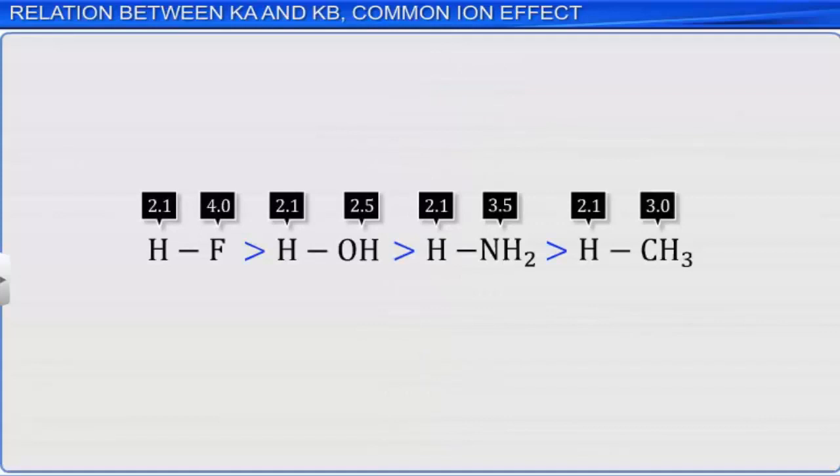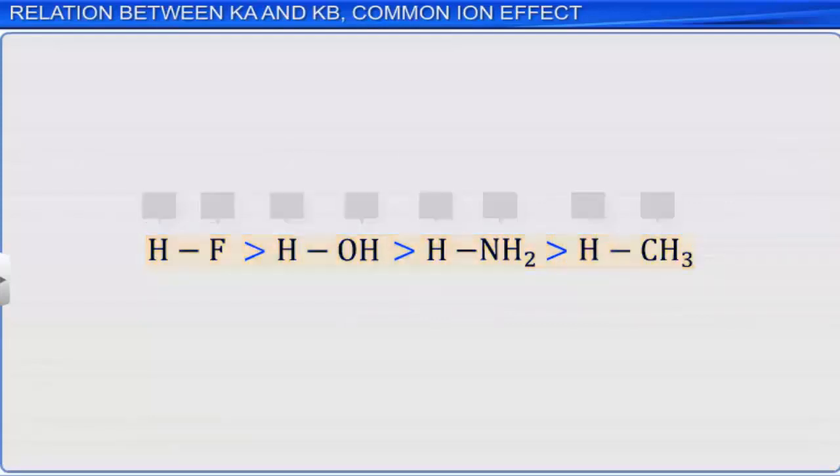For instance, the order of acidity of HF, H2O, NH3 and CH4 is HF greater than H2O greater than NH3 greater than CH4. The HF bond, because of its greater polarity, has less bond dissociation energy. This qualifies it to be stronger than the other given molecules.